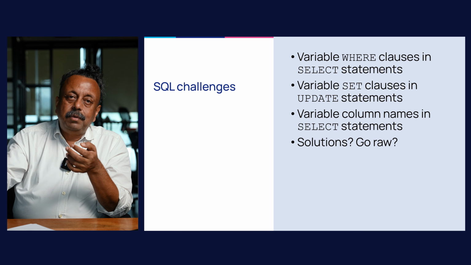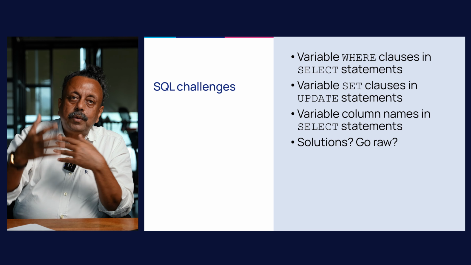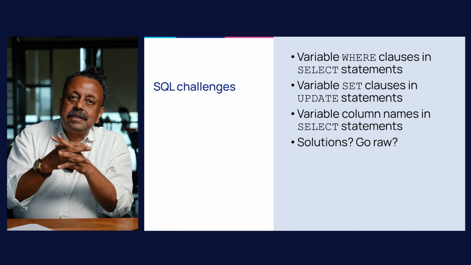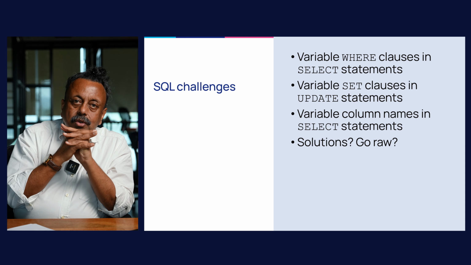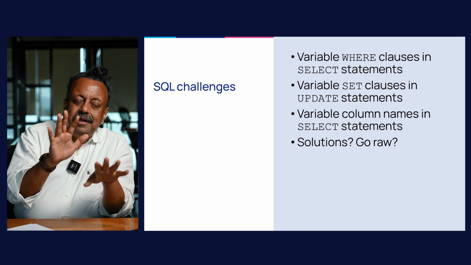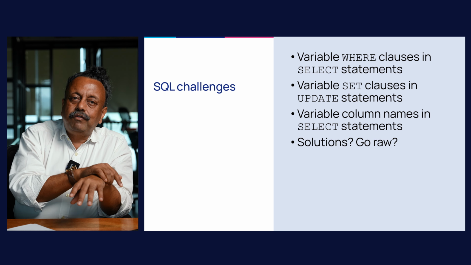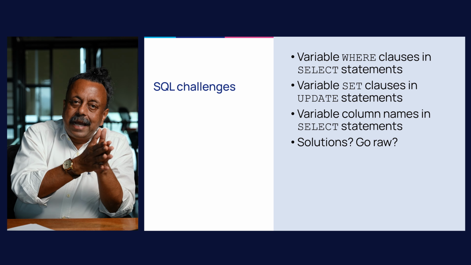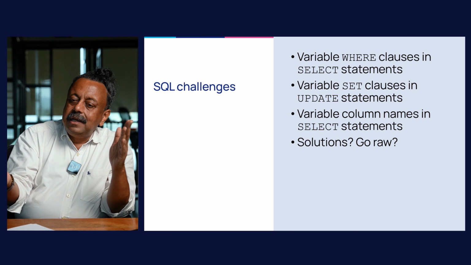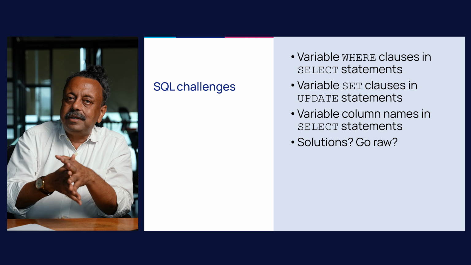Then the variable set of column names go into the select statement. So in these situations, it is a challenge to write easy, readable code to handle all this, because here you are forced to handle the dynamic nature of the web service, which then mirrors in the dynamic construction of the SQL statement.